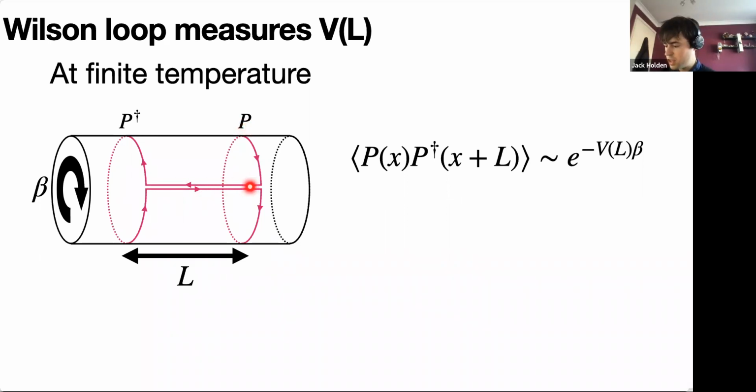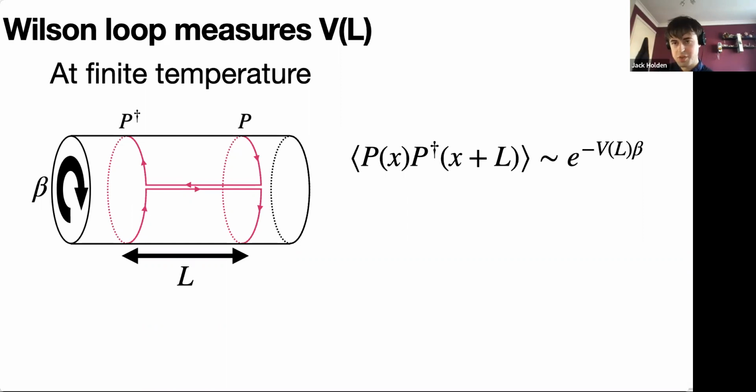You can show in detail that this line acts as the identity. That's shown in detail in our paper, but intuitively you can think of this as creating an open string and instantly destroying it before it gets the chance to propagate and interact. So this acts as the correlator between these two loops, and I use the letter P because these loops, which are Wilson loops taken over the temperature direction, are known as Polyakov loops.